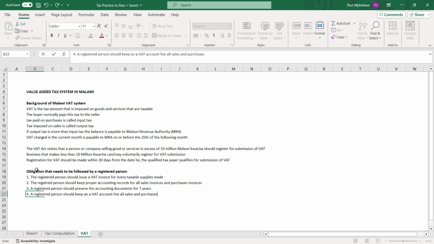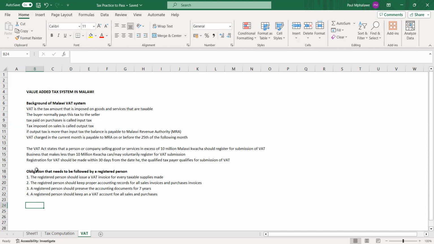So when you're using accounting software, this is done automatically, where when you make a sale, the system asks you for a VAT rate, then it takes it automatically to the VAT account. Every month, you extract the information from the VAT account. You check whether you've got a payable, or you claim if the input tax is more than the output tax, and the difference is claimable from Malawi Revenue Authority.